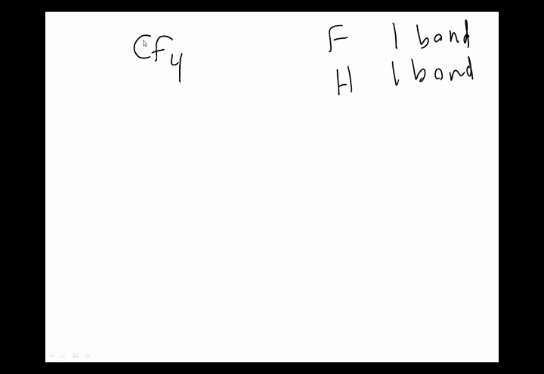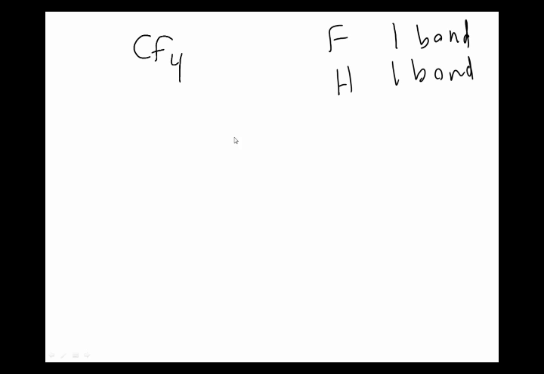Carbon's always going to be in the middle. And usually if you see 1 atom of one element and then some number of another that isn't 1, then usually it's the second one around the first one. We'll do a lot of examples of this.